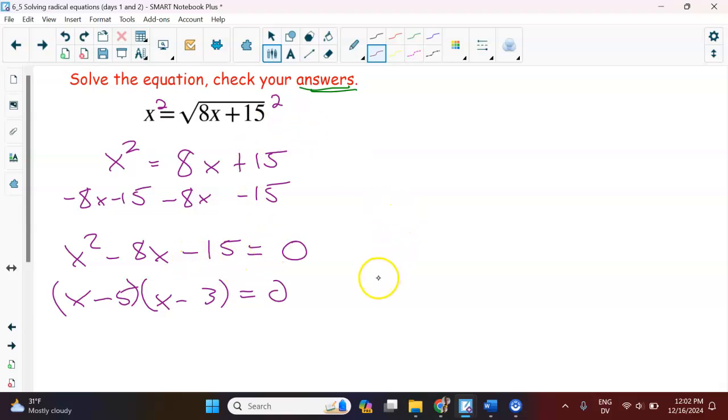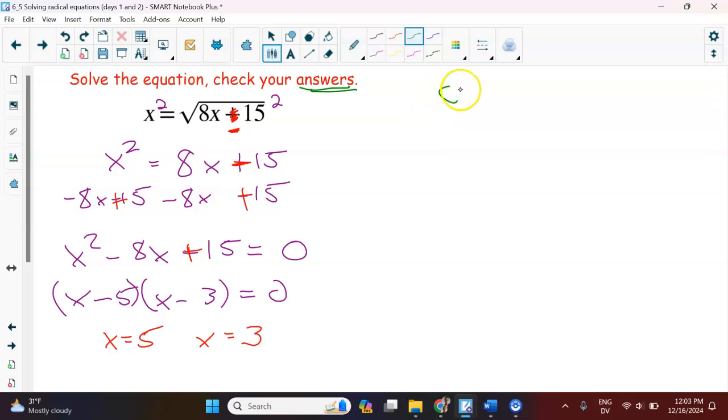So since I messed that up, I'm just going to go to land of make believe and pretend that this is a minus. Sorry. And then that would make this a plus here and a plus, so it would make it a plus 15. Then it would work out to be minus 5, minus 3. I'm guessing that's what I was thinking. And then anyways, we'd have answers of 5 and answers of 3. And then we just have to plug it in and check for extraneous.